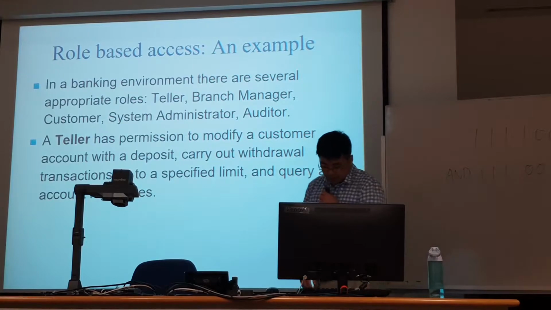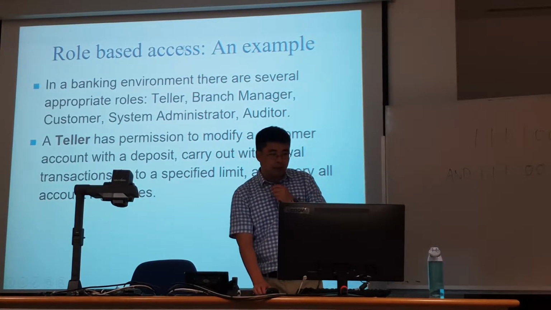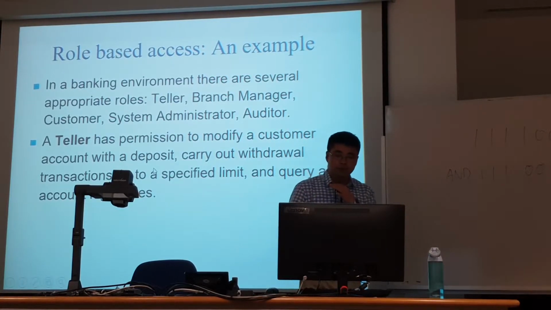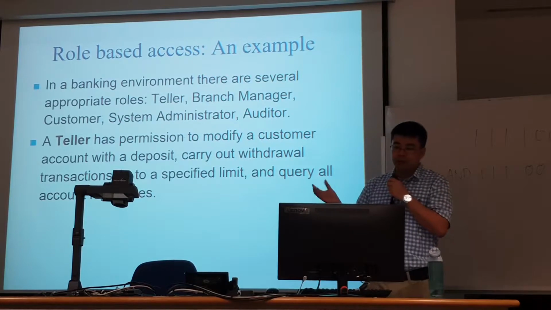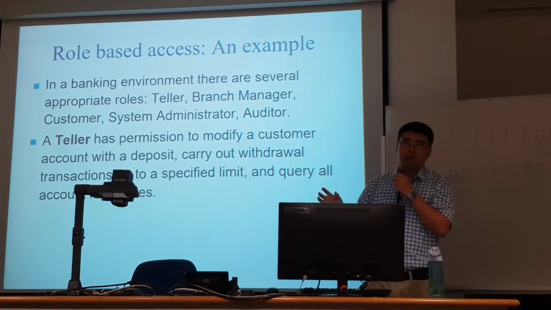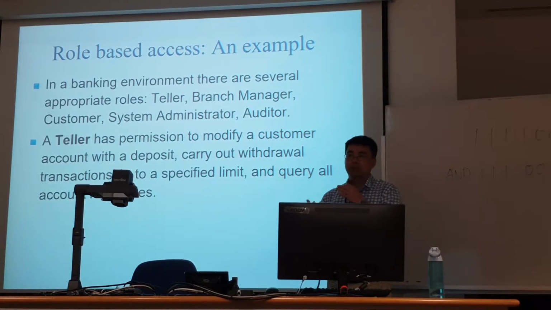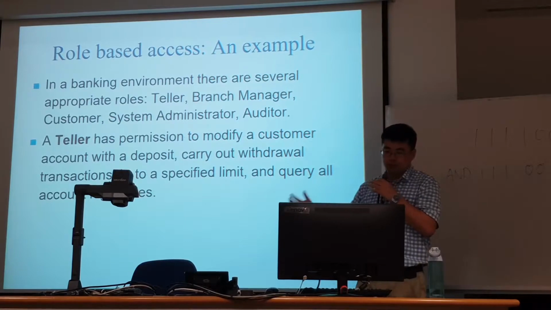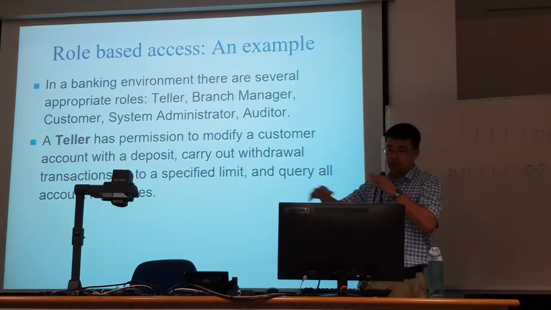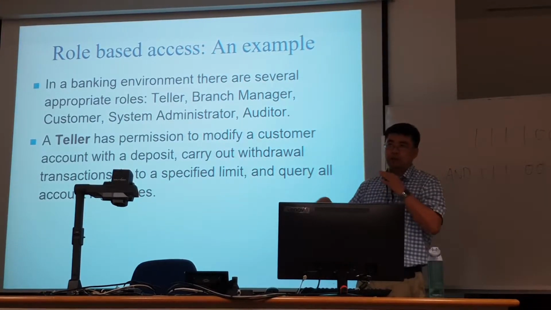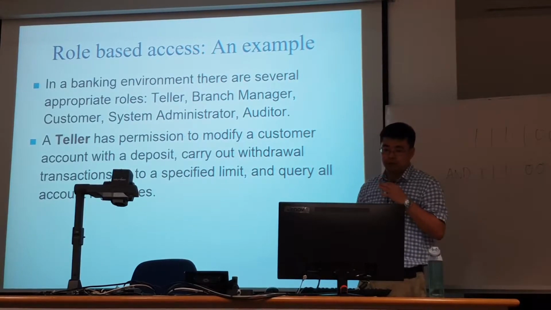If we look at the example in the banking scenario, we can have different roles, and each role will have different permissions, right? In the operating system, we use the term privilege, but in this case we don't call them privileges. We call them actions. If we use role-based, it can cover a broader range of applications.